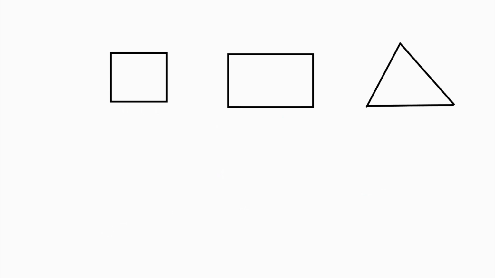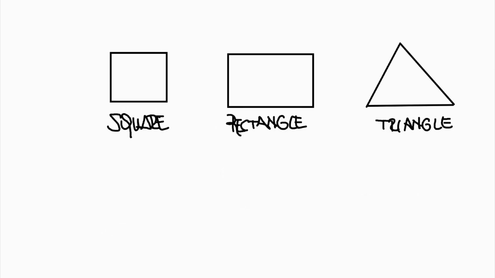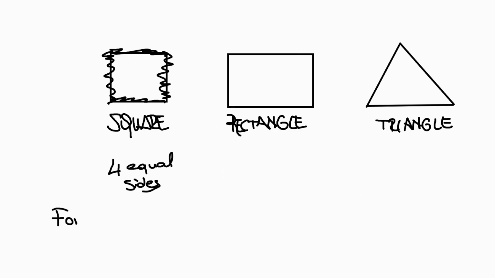Let's begin with the square first. A square has 4 equal sides: here, here, here, and here. Its formula, based on its sides, is area equals side times side.